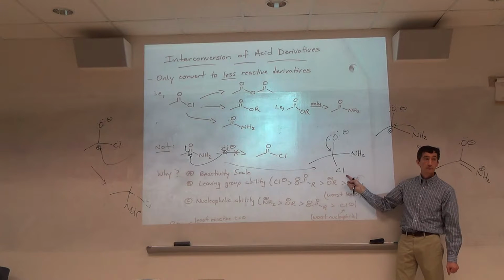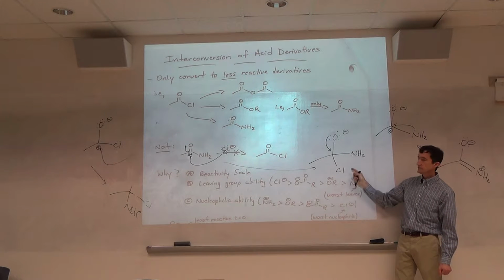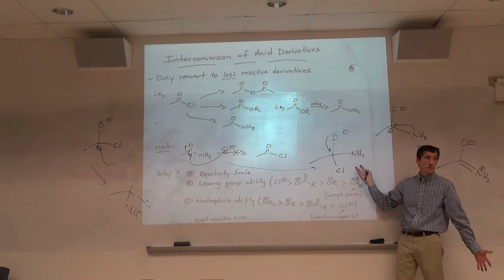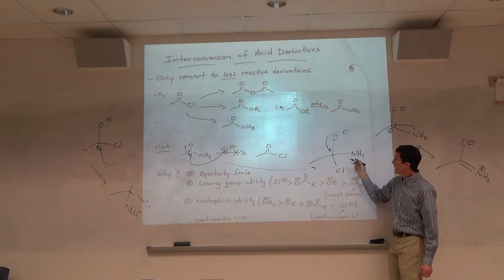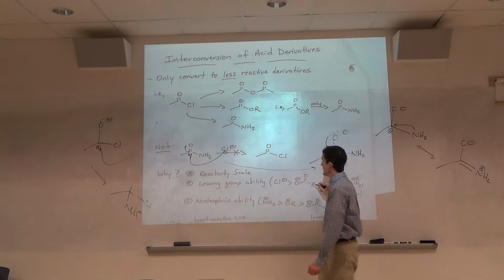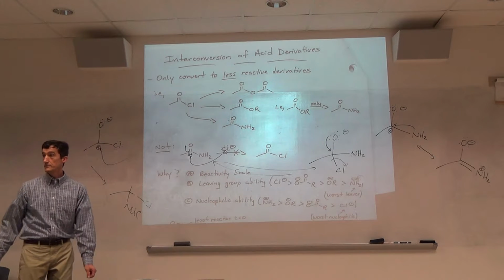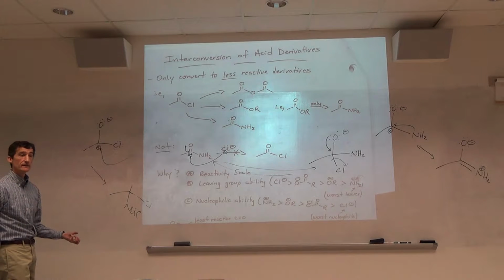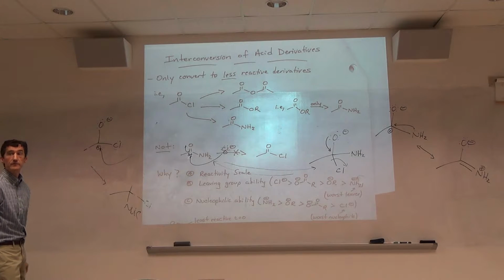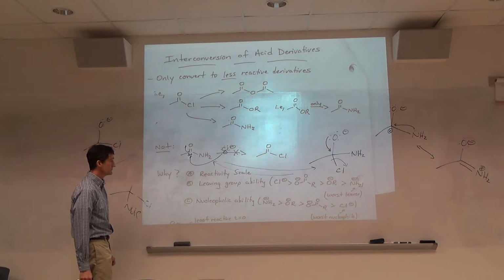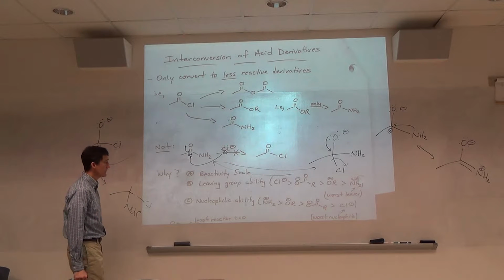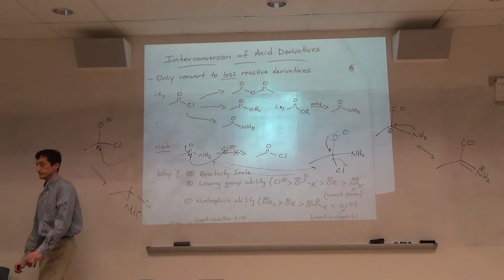Chlorine's your better leaving group. And even though this is a fast step, you still want to kick off your best leaving group. So it's just going to do this and come back here. So even if you could get it to react, it's not going to kick off the right leaving group. So that's all explained here.